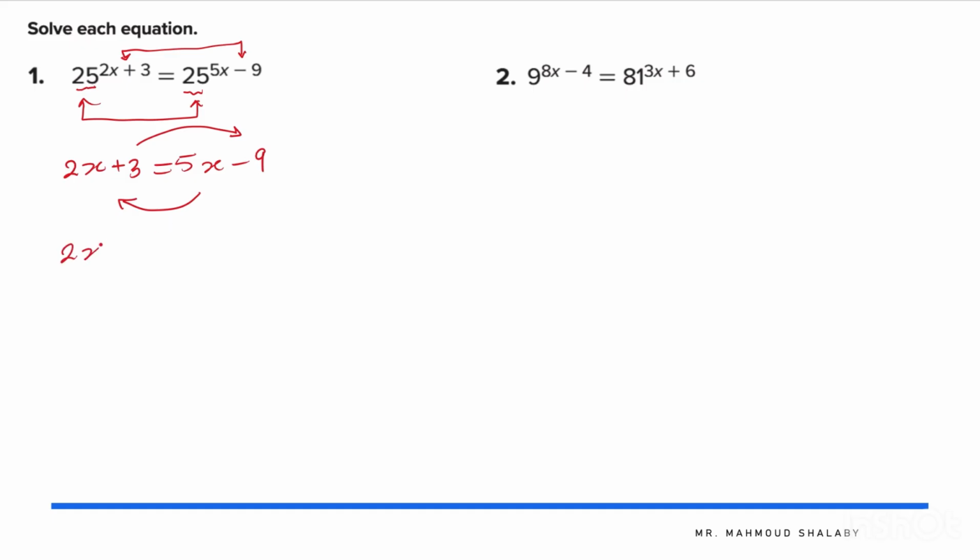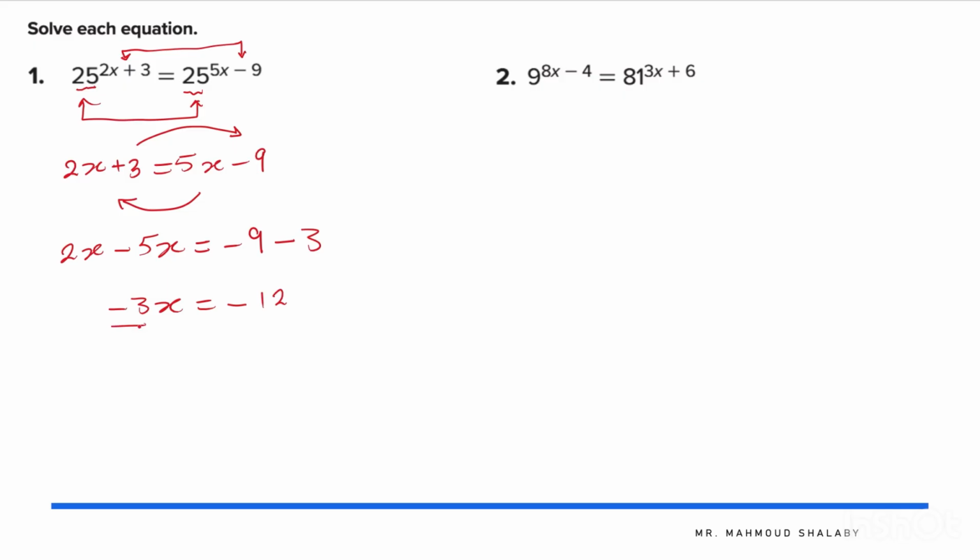So I have here already 2x. If I send this 5x to the other side, it will be negative 5x equals, here we have negative 9, send positive 3 to the other side, it will be negative 3. Now 2x minus 5x is negative 3x. Negative 9 minus 3 is negative 12.